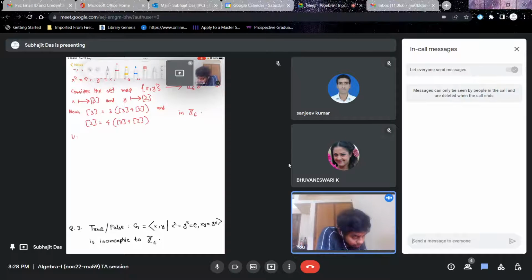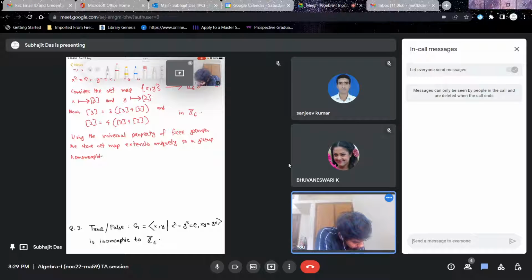So anyways, using the universal property of free groups, the above set map extends uniquely to a group map, or a group homomorphism, from the free group on the set {x, y} into the group Z6, right?